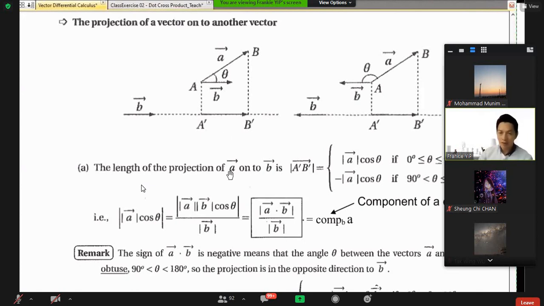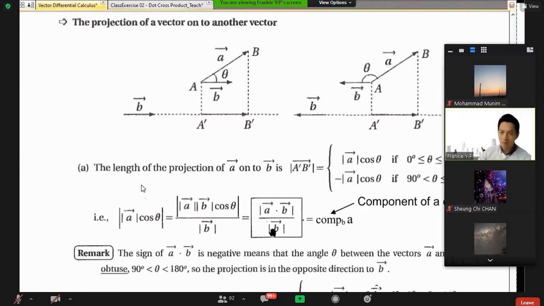Project A on B, so it should be the absolute value of A dot B over the magnitude of B. Once again, the absolute value of A dot B over the magnitude of B. So recognize the two strokes in the upper part are not magnitude, it's an absolute sign over here.